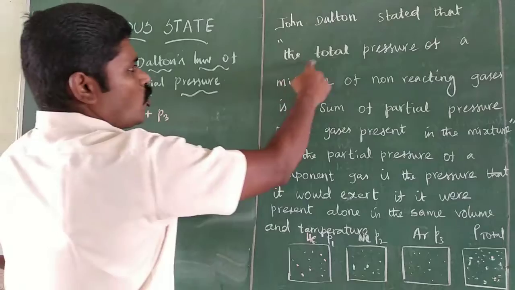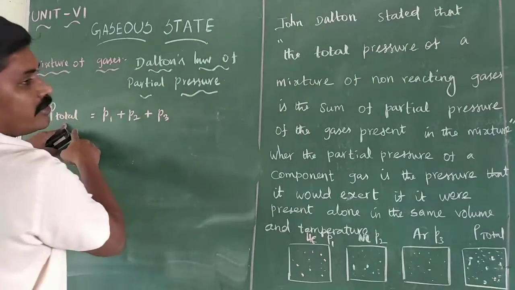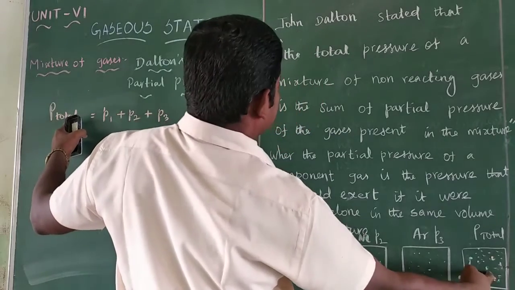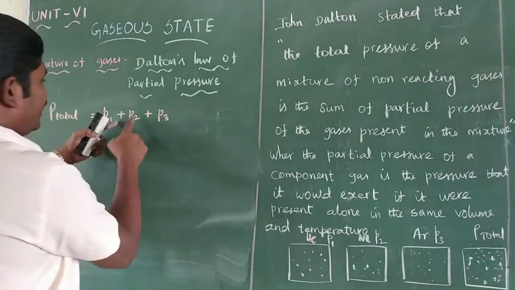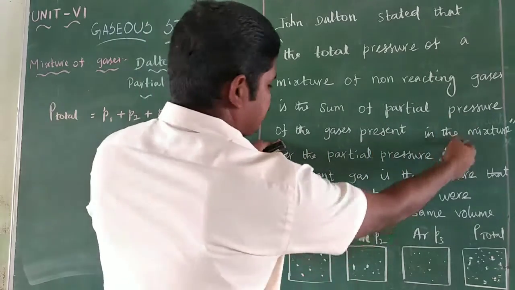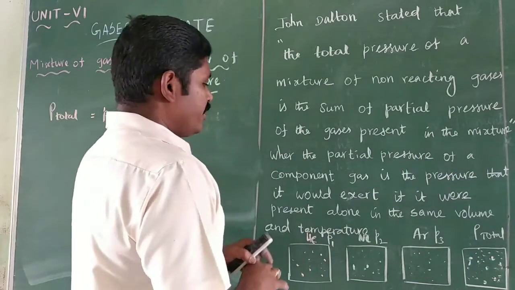The total pressure of a mixture of non-reacting gases is the sum of the partial pressures of the gases present in the mixture.